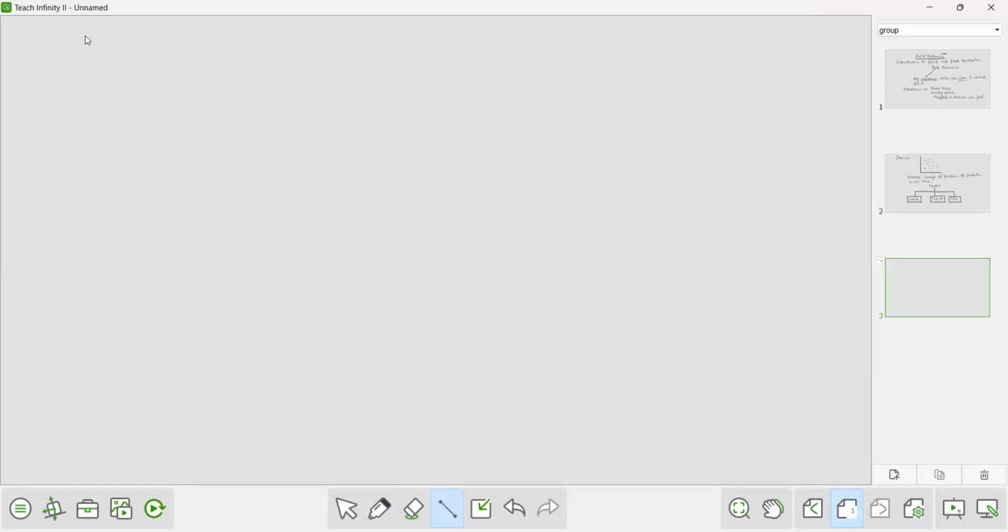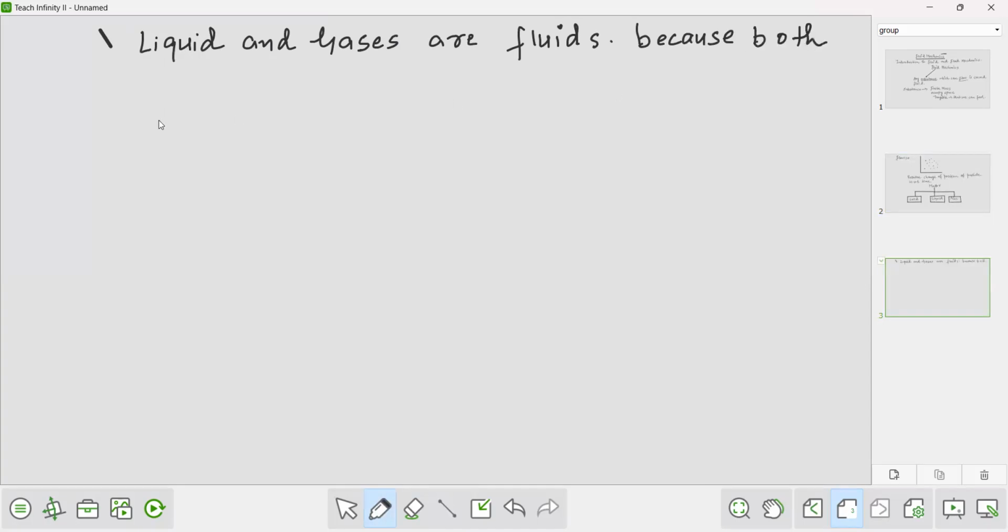So we can conclude from here that liquid and gases are fluids, because both can change their position with respect to time.